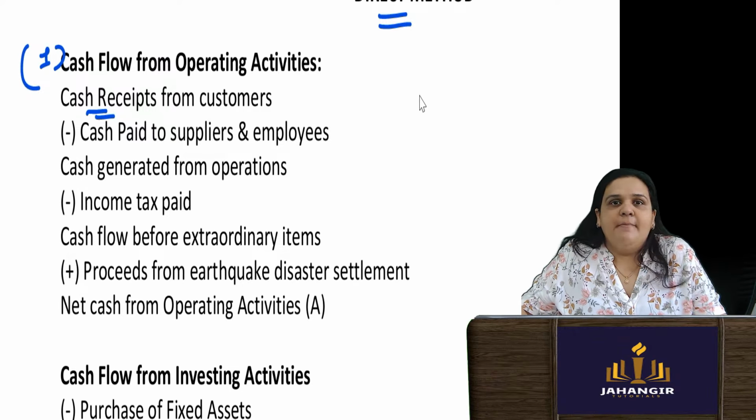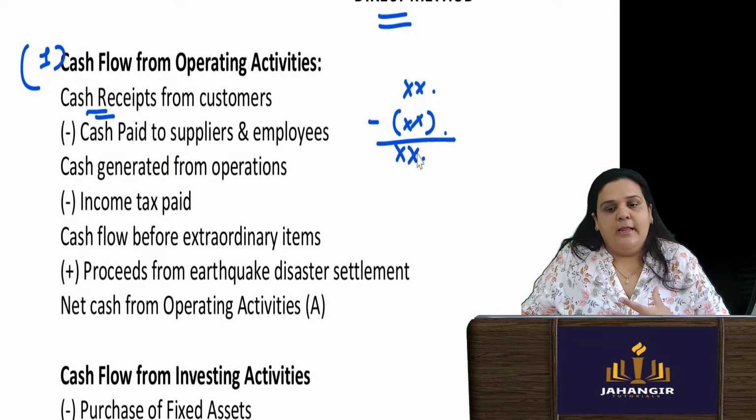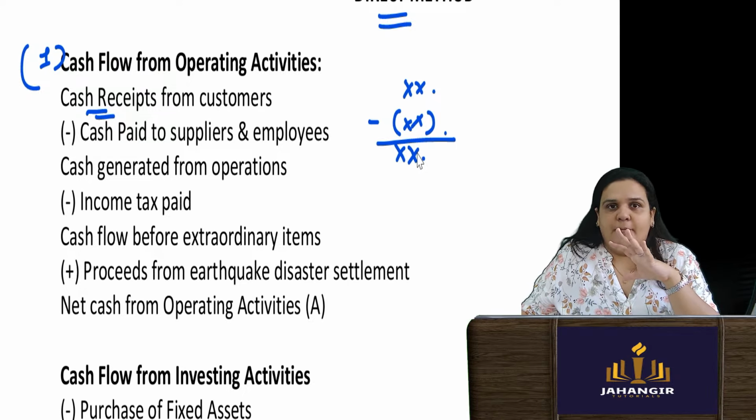So if my customers are paying me money, I will have that amount. If I go ahead and pay my suppliers, I will subtract that amount. So I will get some cash generated from operations. Simple. I had to collect money, so I got money in, and I had to pay some money. I have got my cash from operations.